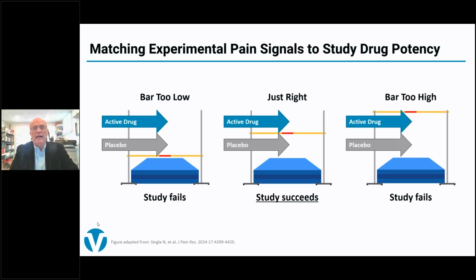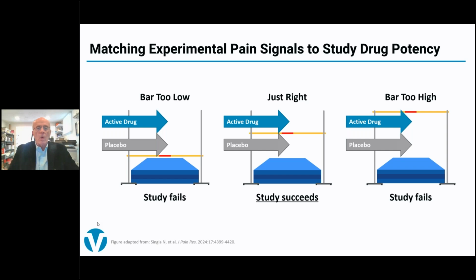And I think it's important to understand that all of these models have different strengths and weaknesses, and it really depends upon the drug that's being investigated, whether it's a non-opioid or an opioid-like drug or a mild analgesic, an NSAID.